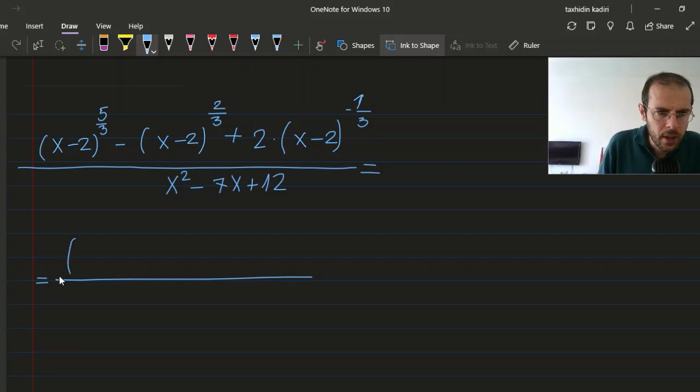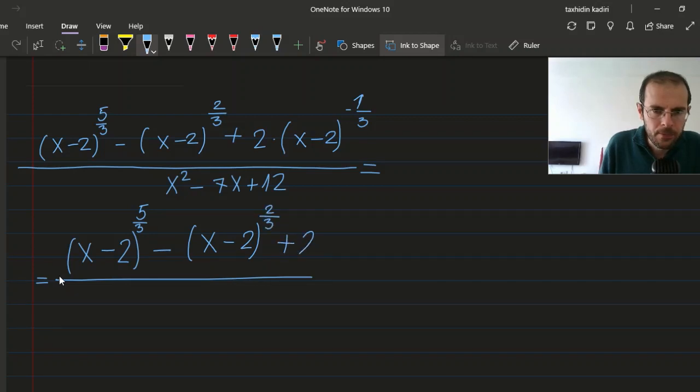Here we have (x minus 2) to the power 5/3 minus (x minus 2) to the power 2/3 plus, here just a second, we have x squared minus 7x plus 12.